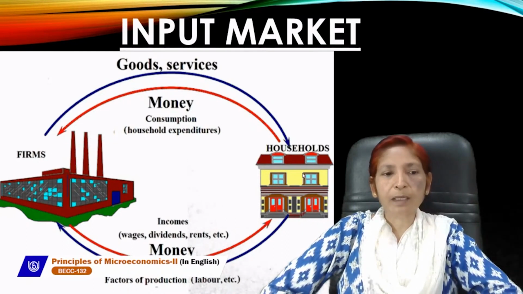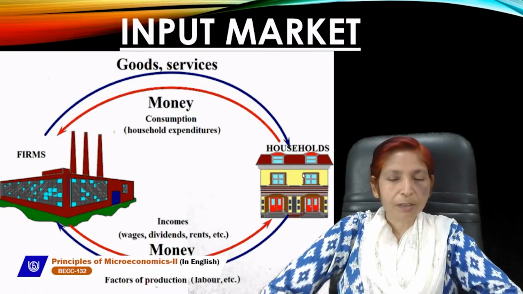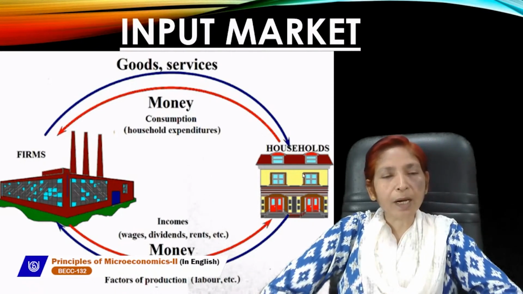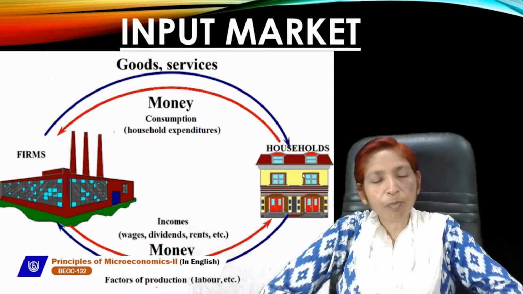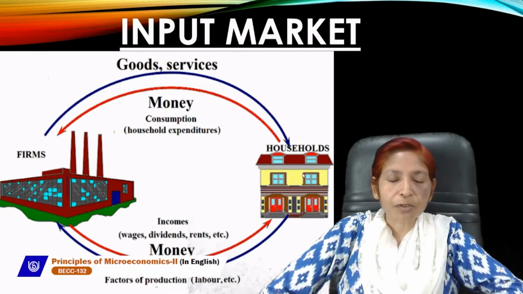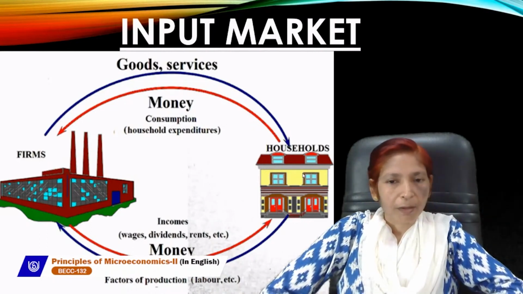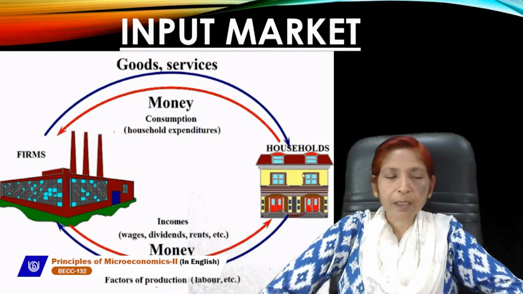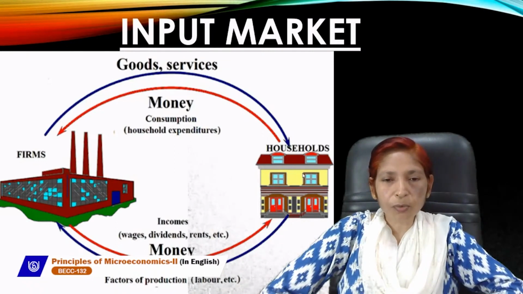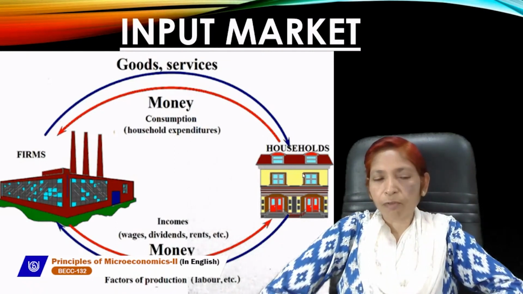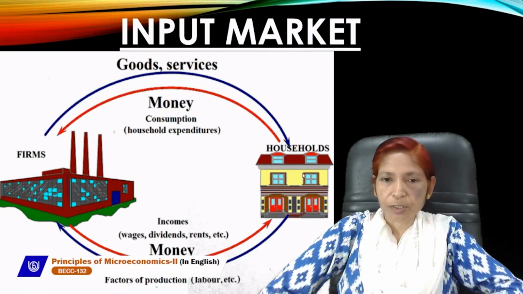So, in the input market, the household provides factors of production to the firm sector, and the firm produces goods and services with the help of these factors of production. After rendering the services of factors, the firm gives a reward to the factors in the form of wages, interest, rent, and profit.